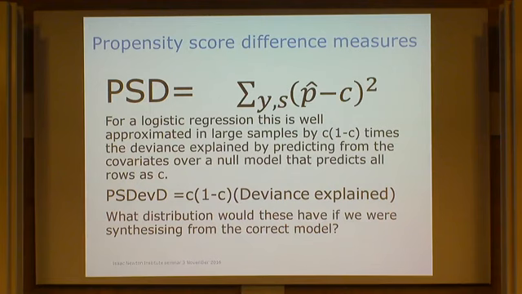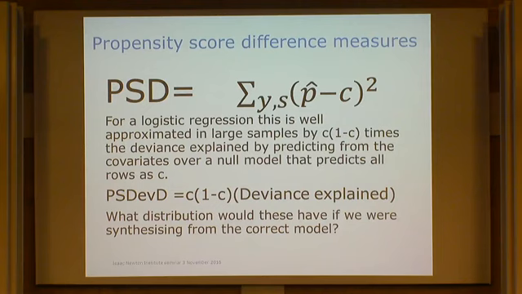When we were doing this before, we called this the propensity score mean squared error. But I've decided it's better not to divide by n, so I'm looking for a new name for it. So meanwhile, I'm calling it PSD. But I know that stands for the name of a conference as well, so that's a bit awkward. So anybody who's got an idea for a good name for it, I'd be very grateful.